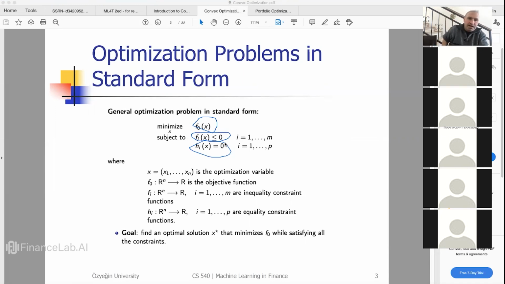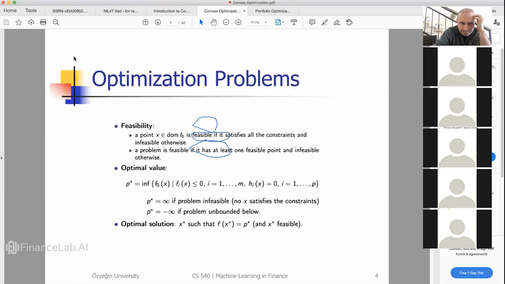And in this case, by using this optimization problem, our goal is to find an optimal solution that minimizes this f0 while satisfying all the constraints. So that will be our goal in this optimization framework.